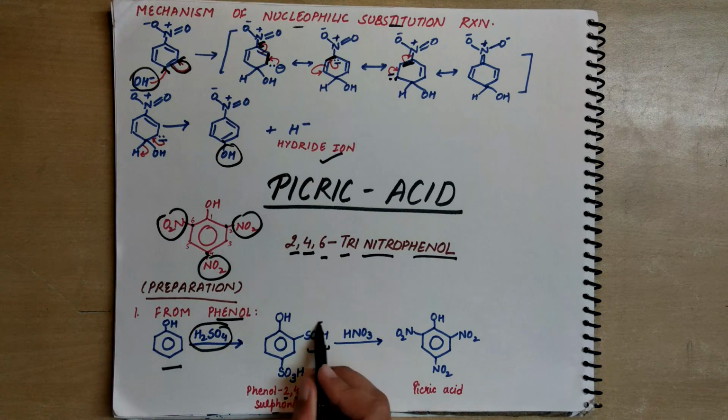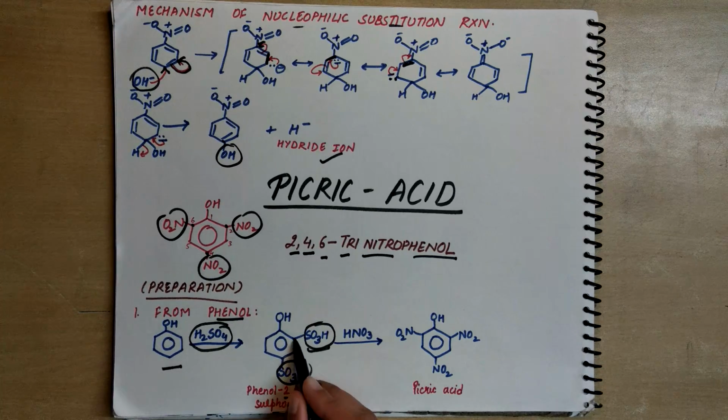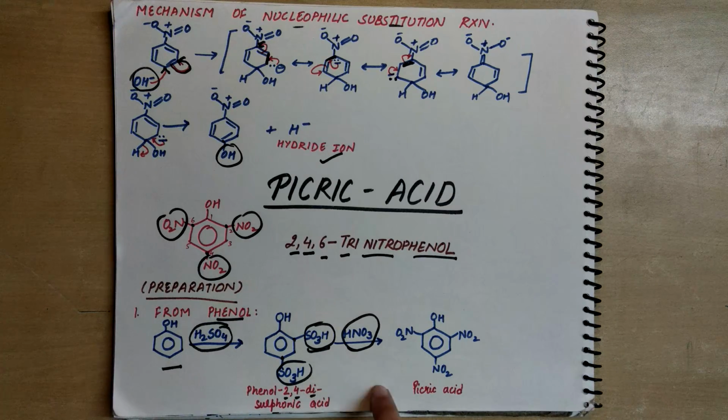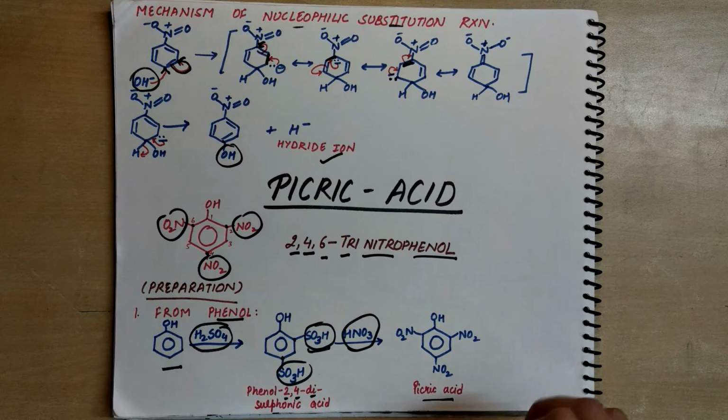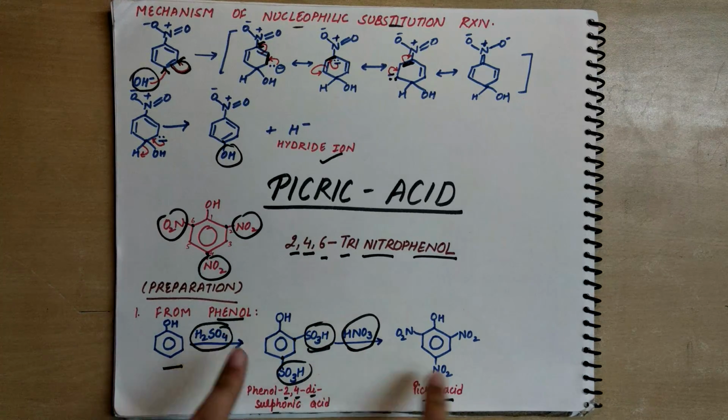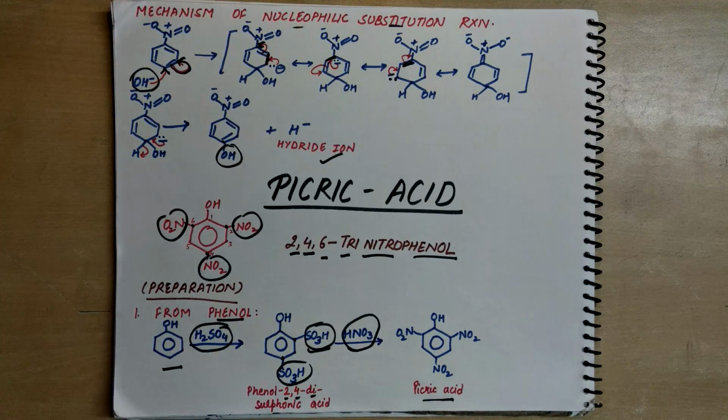That means the SO3H group is attached to the 2 and 4 positions. Now when nitric acid, HNO3, is added, then we get picric acid. In short, we have done the nitration using sulfuric acid and nitric acid to get picric acid.